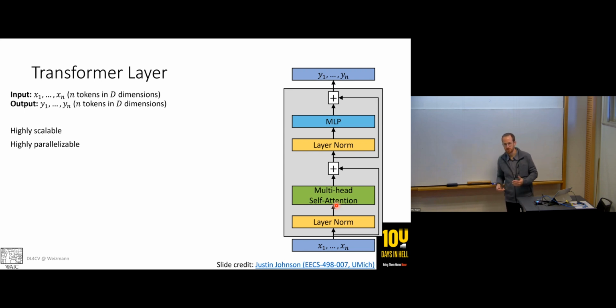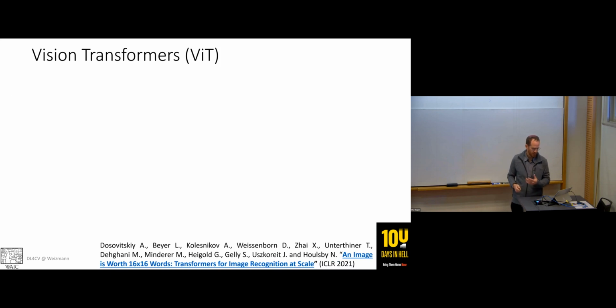It processes sequences very efficiently and very successfully, and we want to take it into the domain of vision transformers, into images. So in a vision transformer, we have an input image.